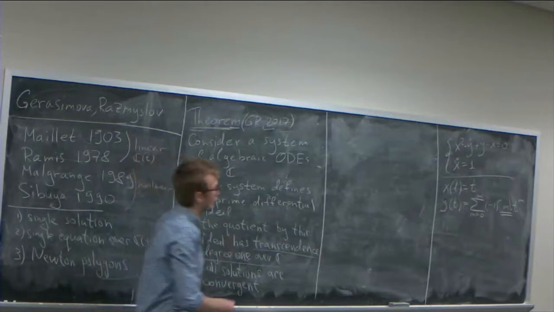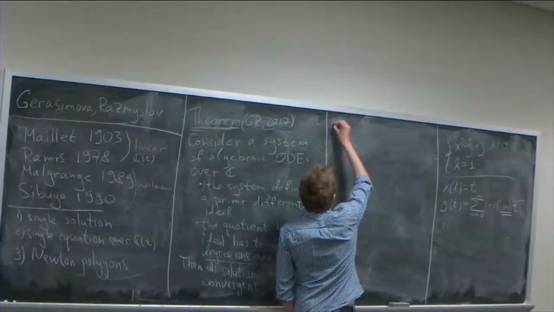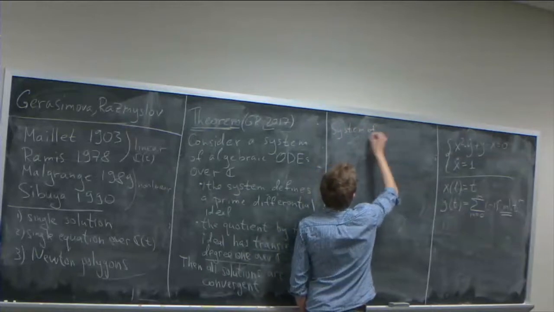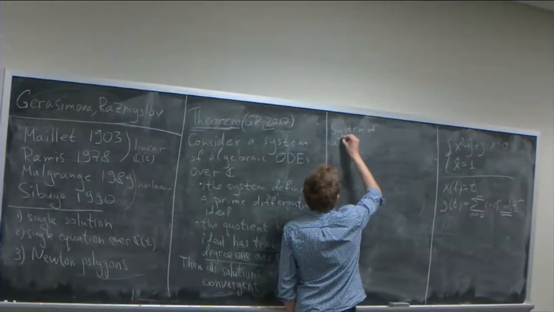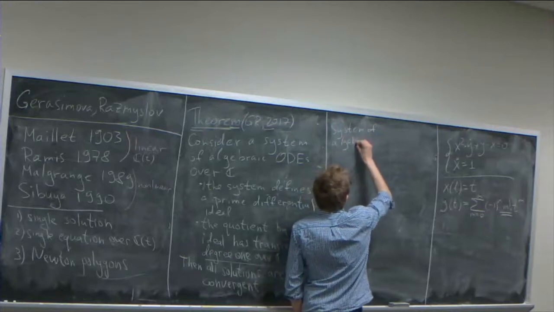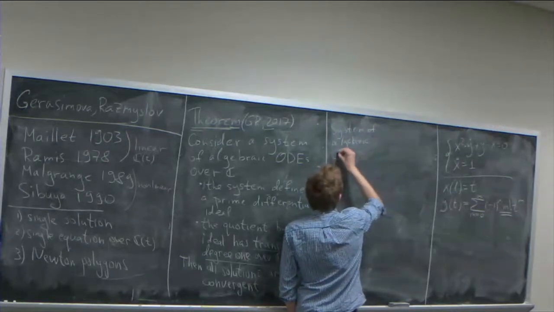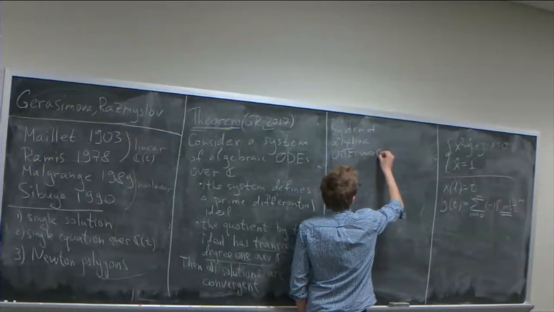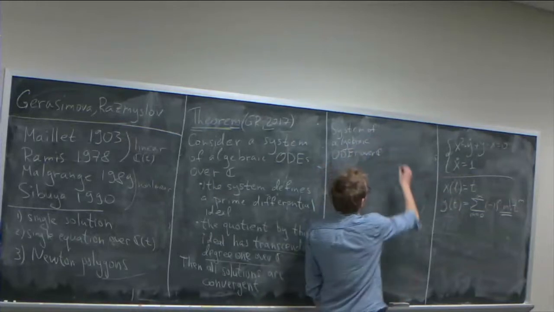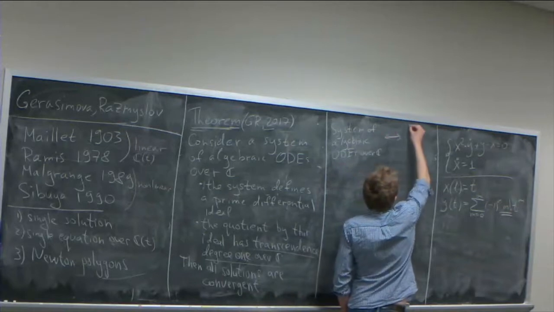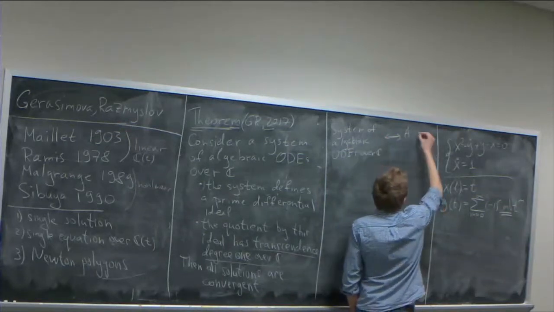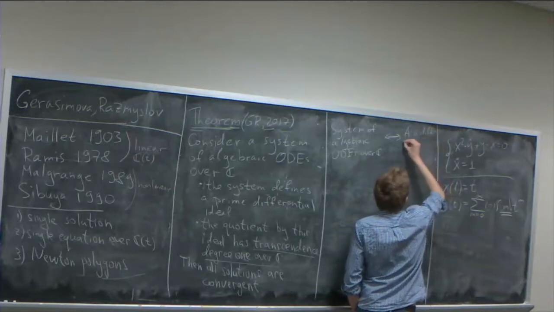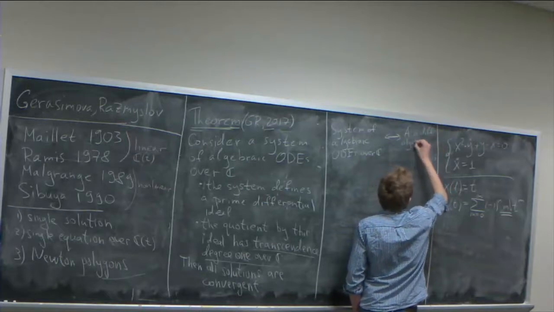If I have a system of algebraic ODEs over C, this is the same as having A, which is a differential algebra over C.